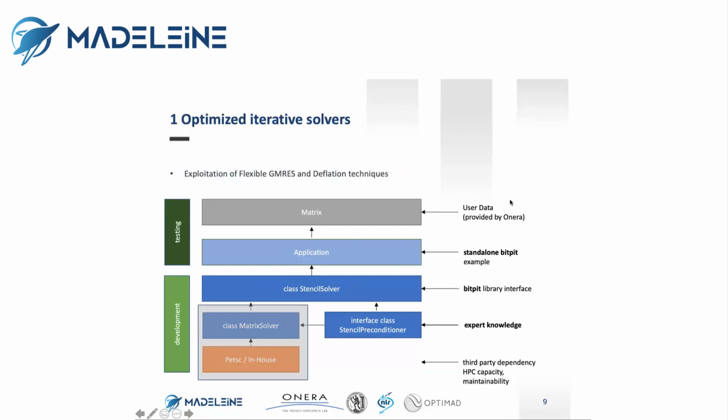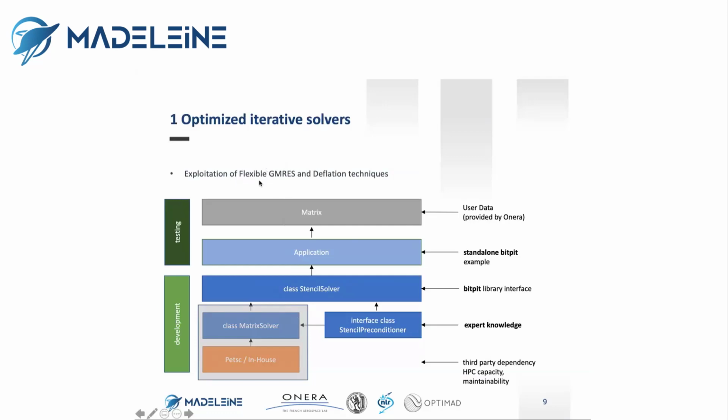So the first contribution from Onera is really on the core of the solver. The team at Onera exploited the flexible version of GMRES, which is a state-of-the-art iterative solving technique.